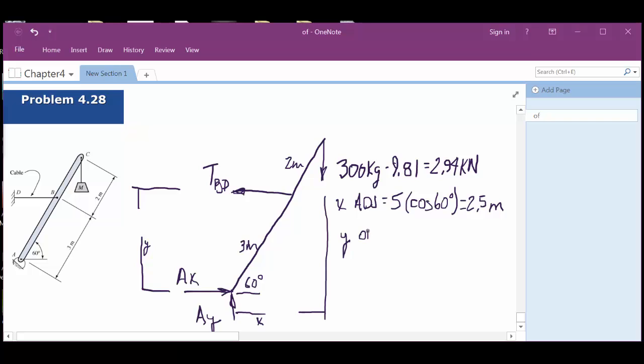So the opposite equals, and I want to make sure I get this one right, 3 times the sine of 60. And that value is 2.6 meters. Okay, so this one's 2.6.